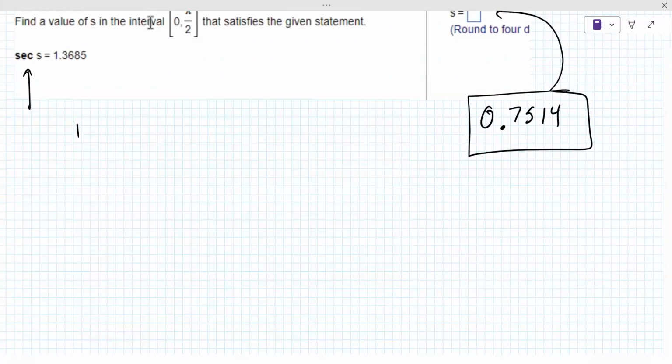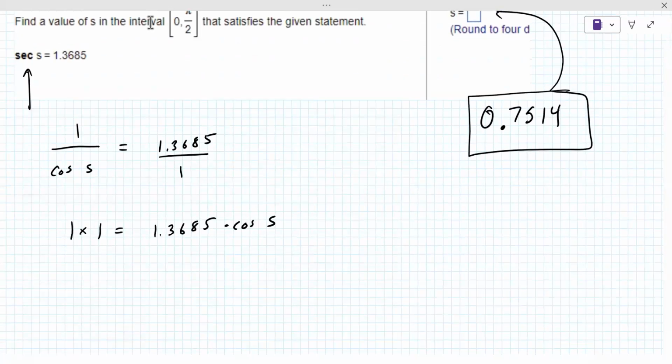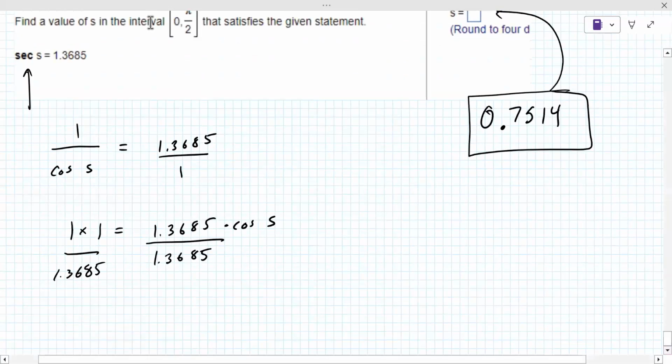So secant is really 1 over cosine S. And we want to now cross multiply. So 1 times 1 equals 1.3685 times cosine S, and then divide both sides by 1.3685. The reason we do that is because we now have it for cosine.